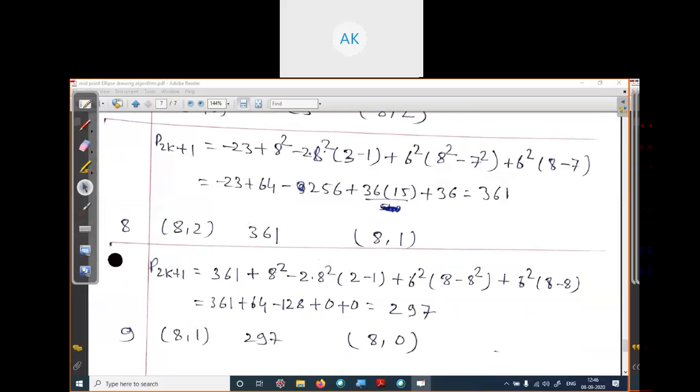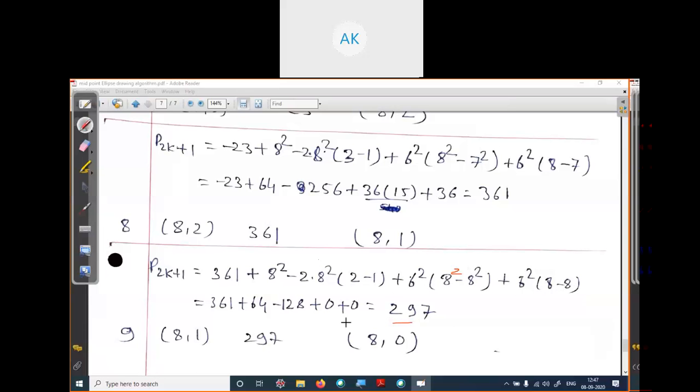The next decision parameter in region 2 is the previous value of the decision parameter plus rx square minus 2 rx square into yk minus 1, plus ry square into xk plus 1 square minus xk square plus ry square into xk plus 1 minus xk.